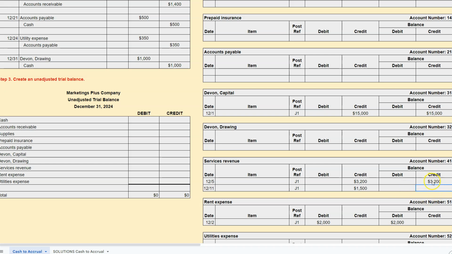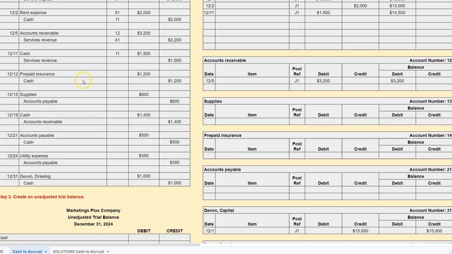Well, opposites subtract, but we have the same here. So we have a credit and a credit. So we are going to add those. So we had 3,200 in there and we just added another 1,500. So the total revenue we earned for this period is $4,700 because that was our last one there. That's account number 41. Posted.